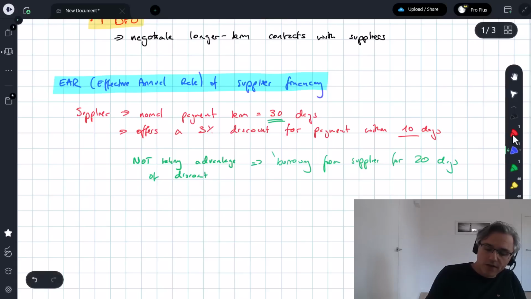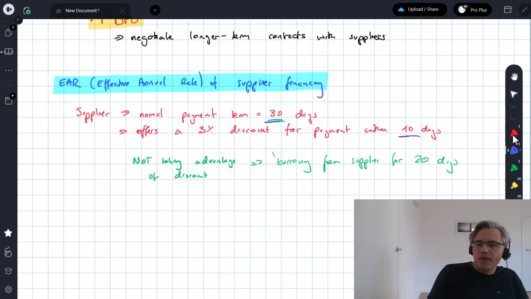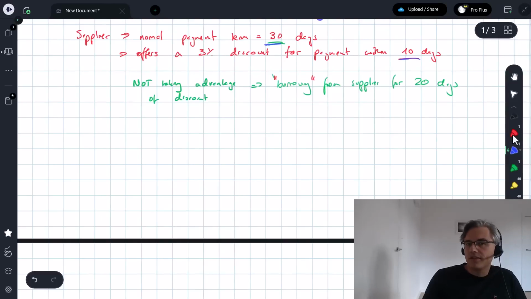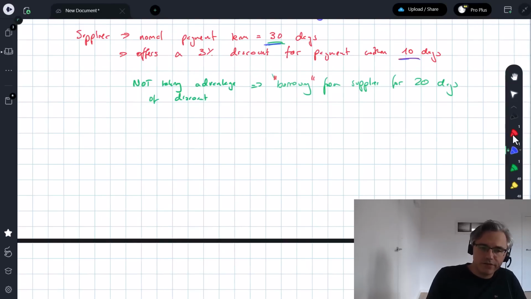Well, I got 20 days from the difference between the 30 and the 10. So when I say borrowing, I mean letting the supplier fund you for an extra 20 days. And we're now going to try and compute the effective cost of this.